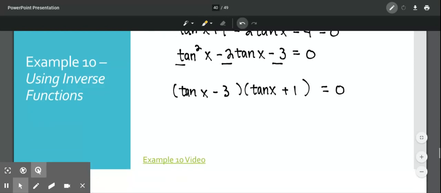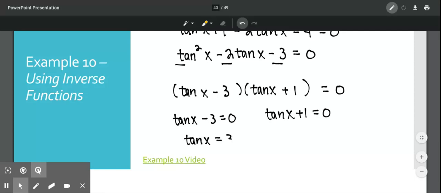So when we're solving these, we get that the tangent of x minus 3 equals 0, and the tangent of x plus 1 equals 0. So the tangent of x equals 3, and the tangent of x equals negative 1.